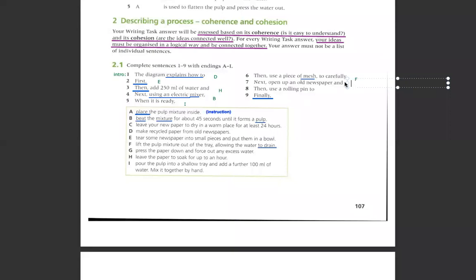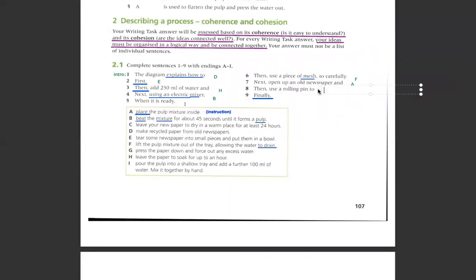So once we put the mixture in the old newspaper, what did we do? So we open up the newspaper and do what? Okay, and A, place it inside the newspaper.